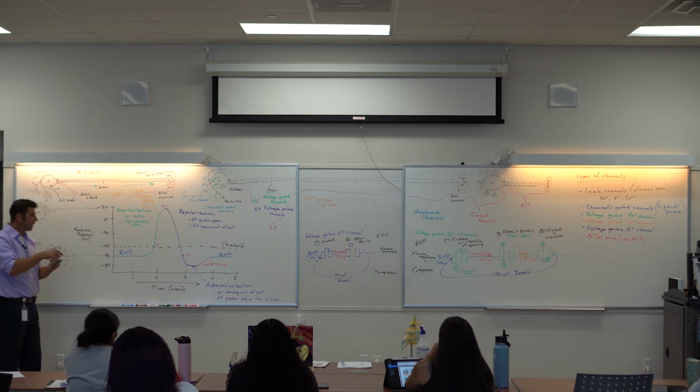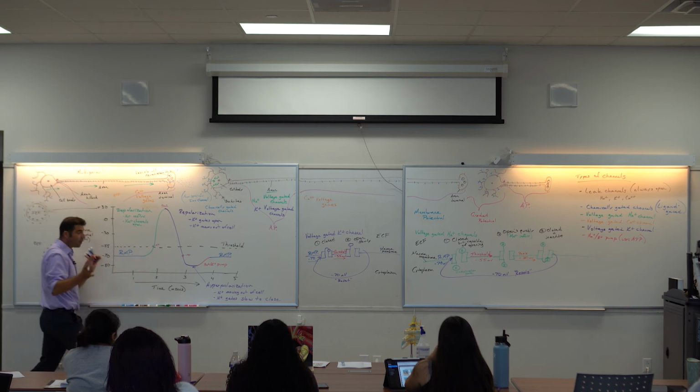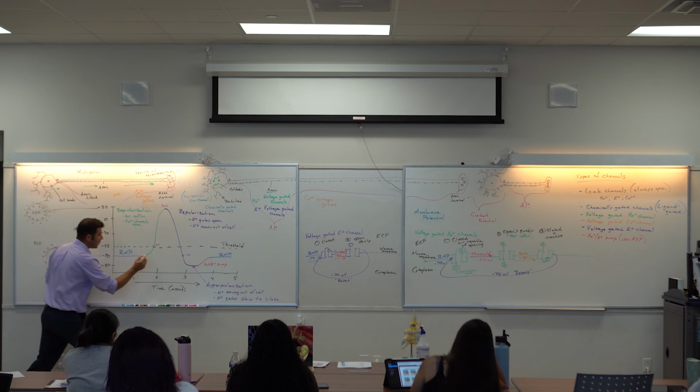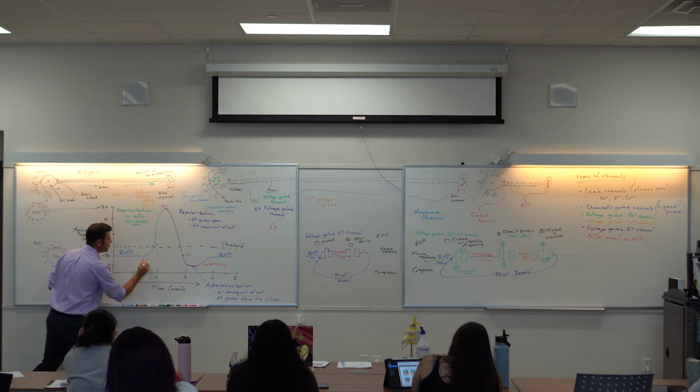Yes, great question. Here's what I need to do, and I think I did this in the video. So this part of the graph, at the risk of making this even more confusing, this whole part of the graph below threshold is when we're dealing with graded potentials.